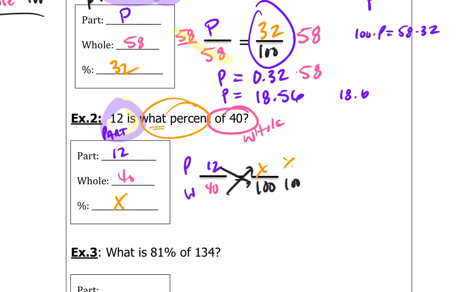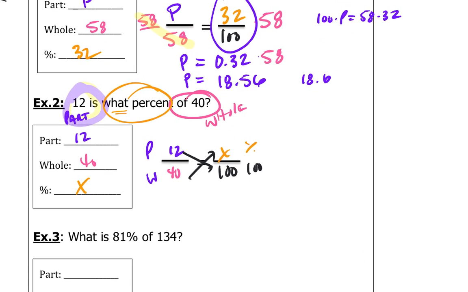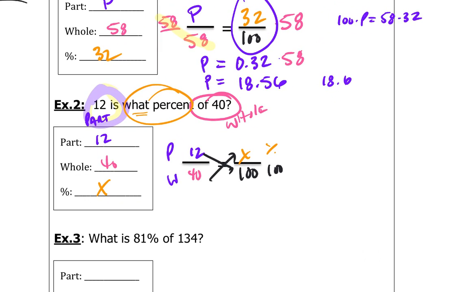What we care about is you can set up the proportion, and then you can use one of the three methods we've taught you to solve this. Either you're going to use scale factor, or you're going to use solving for the variable, or you're going to use the cross product equation. Now what you're going to simplify is say, well, I have 1200 here because 12 times 100, and then you have equals 40x.